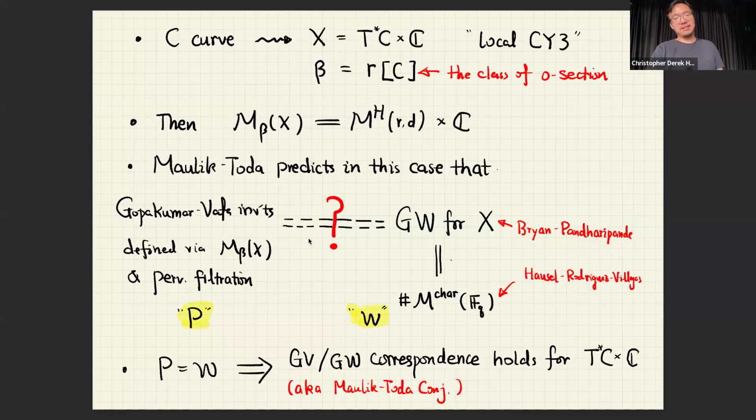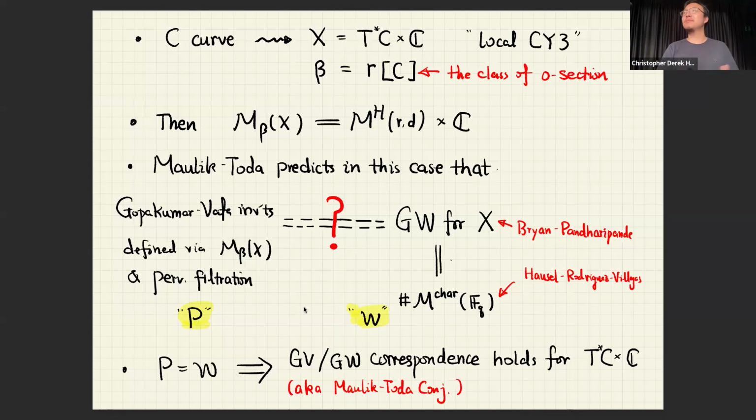In other words, the proposal of connecting Gopakumar-Vafa and Gromov-Witten, in this case, is to show that certain functions given by the dimensions of the perverse filtration should be matched with the counting function over a finite field for the character variety.